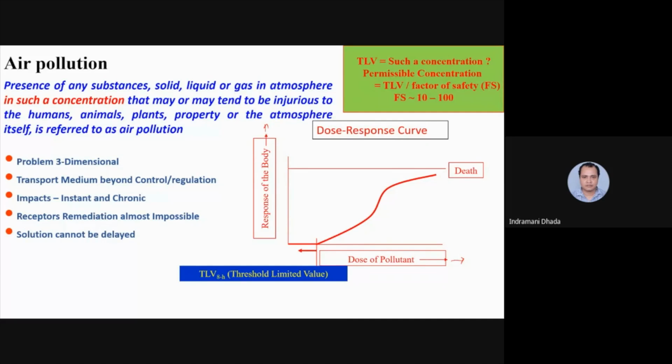Initially, the scientists have to go for a study, with some mice or rats. Suppose they have studied 100 mice. They put those mice in a closed chamber, and they put 60 ppm of SOx inside the chamber. They found that two mice are dead.